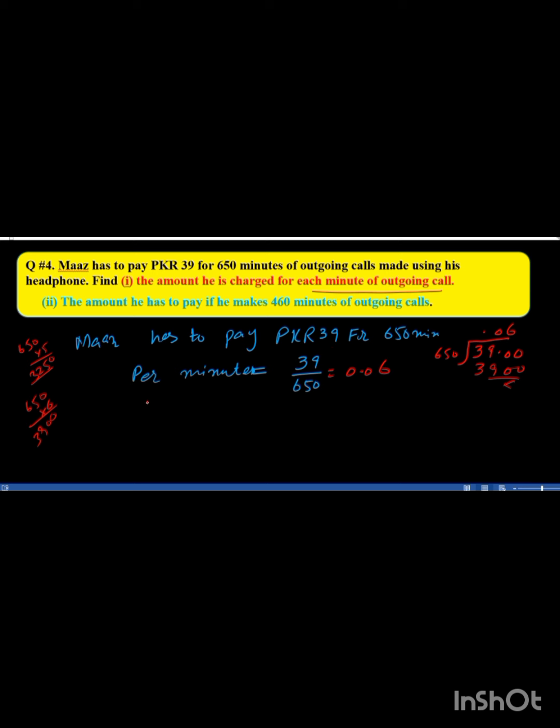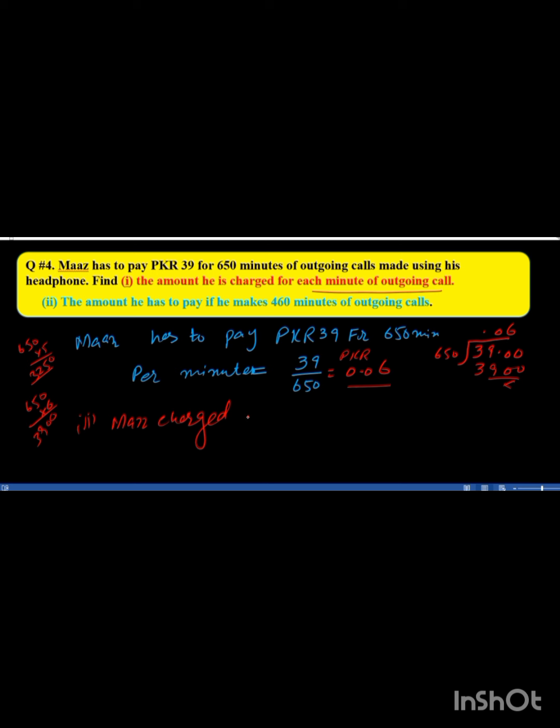The second part is the amount he has to pay if he makes 460 minutes of outgoing calls. Per minute, how much does he charge? He charges 0.06 PKR. So Maz is charged for 460 minutes, that is your second portion.